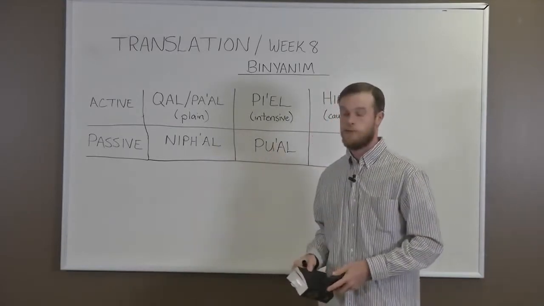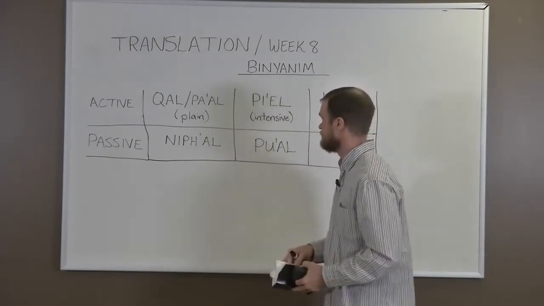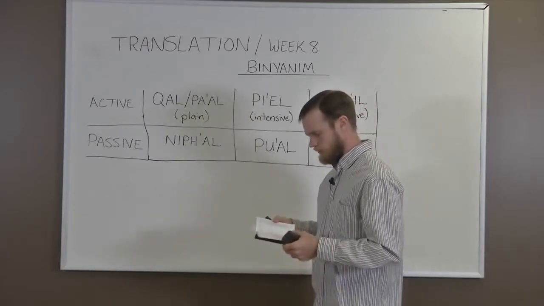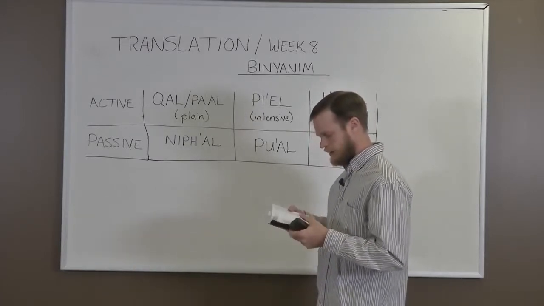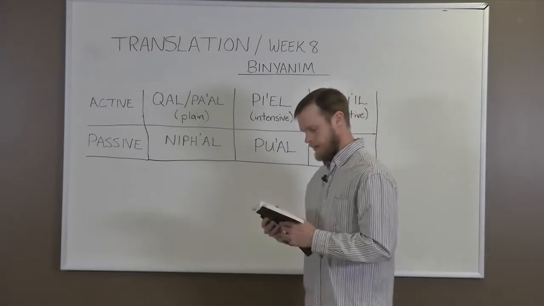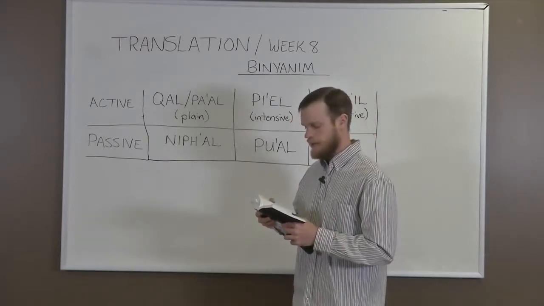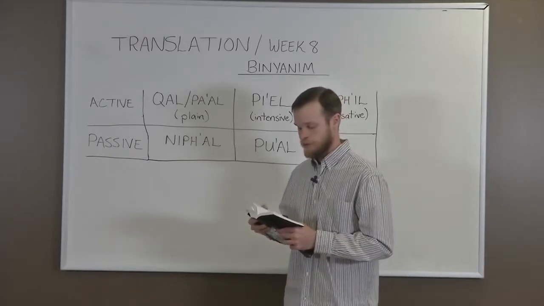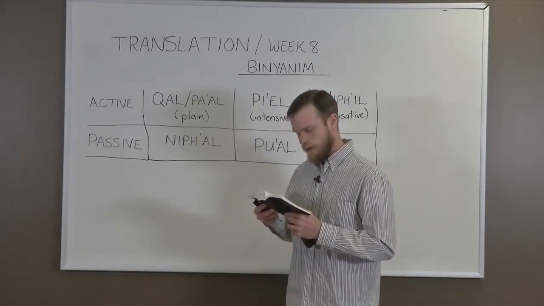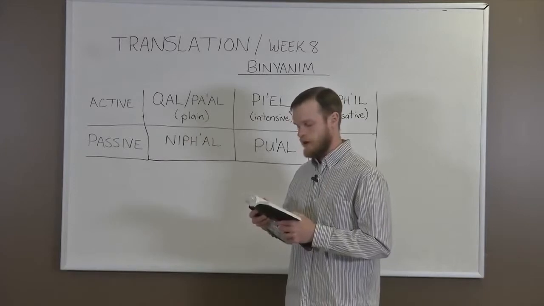It's just more often than not that is the sense of the piel. But in Proverbs 13:18, and I'm focusing on the second half of the verse, it says, "Poverty and humiliation are for him who spurns discipline," and then the second half, "But he who takes reproof to heart gets honor."